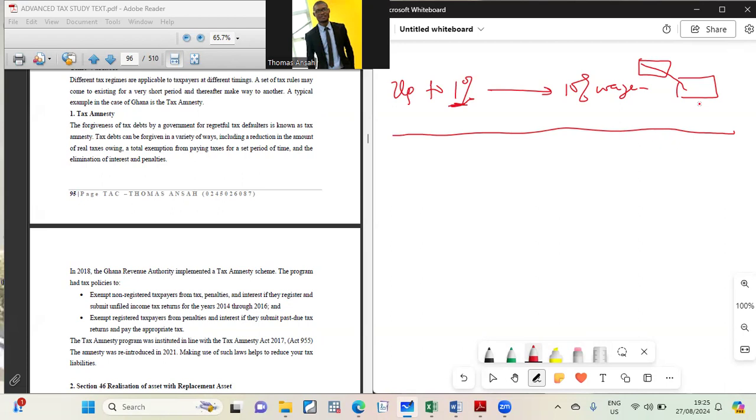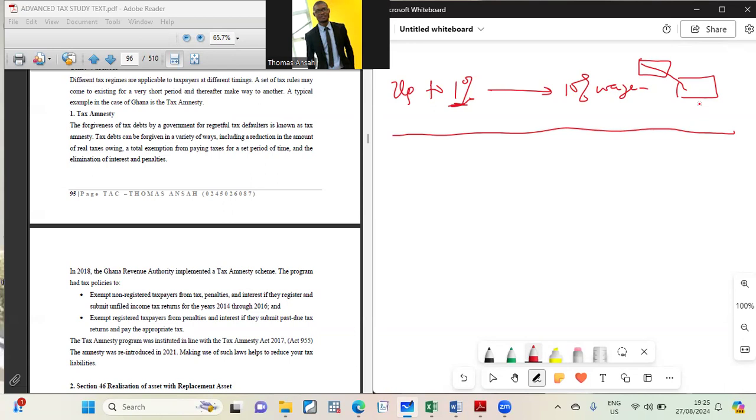So tax amnesty comes so that you will be allowed not to pay interest and penalty on your defaults. So when an opportunity like that comes, you will have to make good use of it. That is time tax planning. You are reducing your tax liability because you are making use of the tax amnesty.